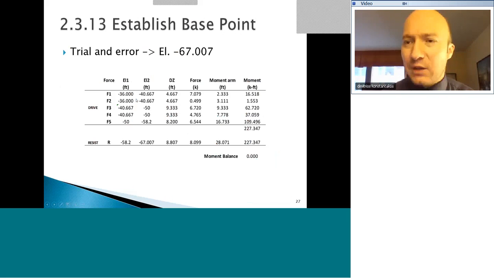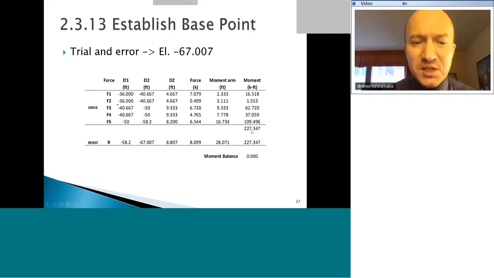If I do it manually, I'll do it trial and error, so I'll progressively change that elevation. We're forming basically a table with our driving forces, the total force, the moment arm to the centroid of its component, and the moment, and this is the total driving force, 227.3 in this case.